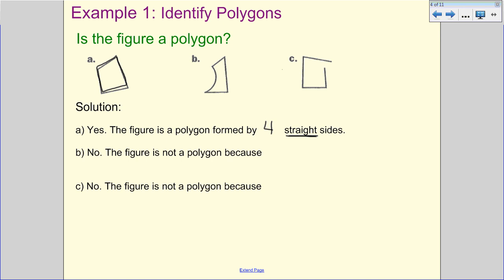B is not, because the polygon has a curved side. All right, so this curve here is our violator. And then C, no, the figure is not a polygon because it is not closed.